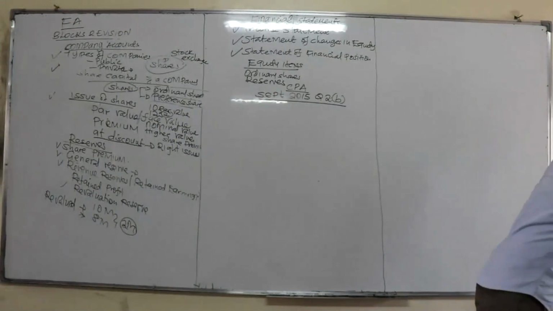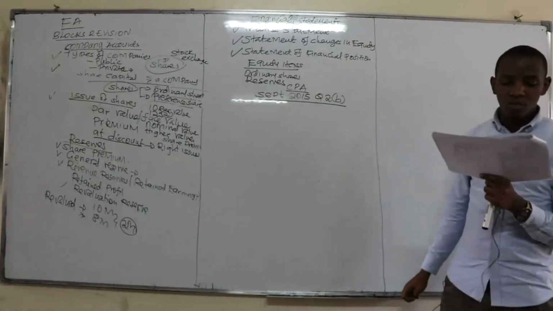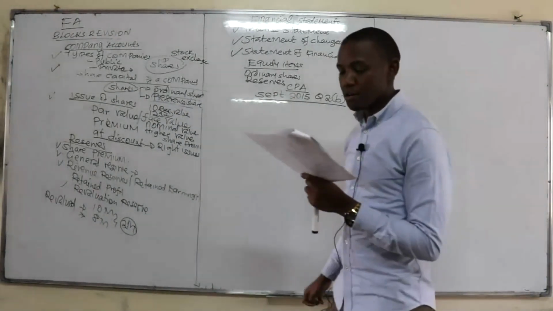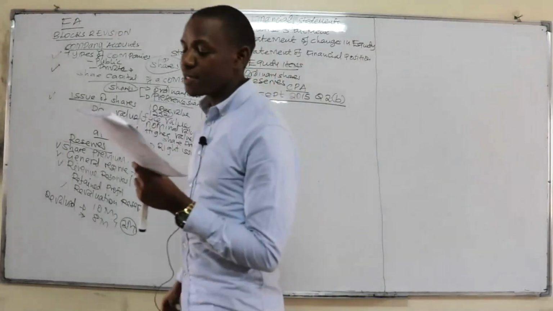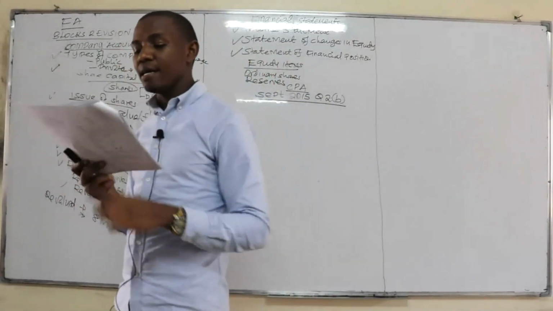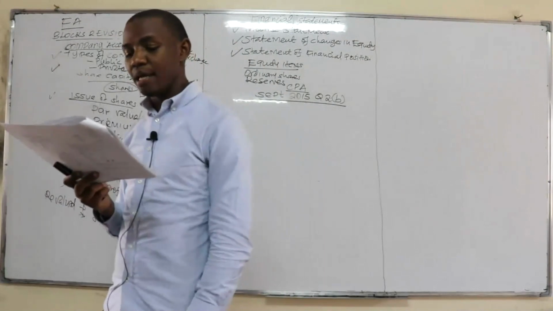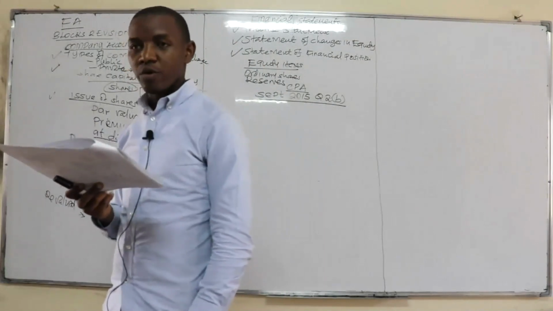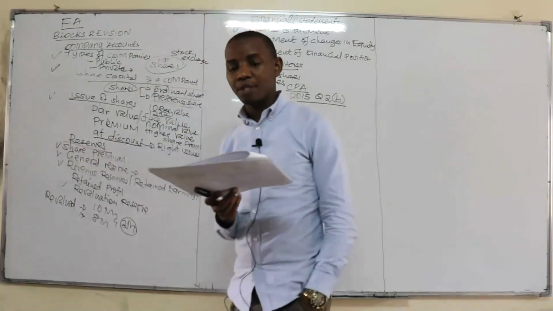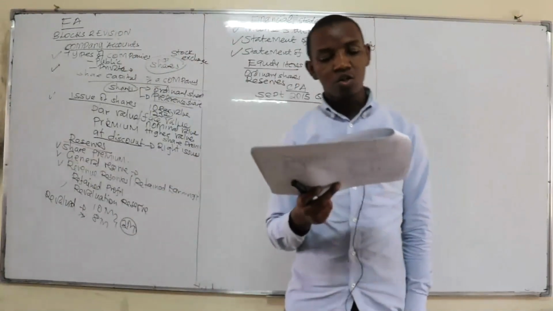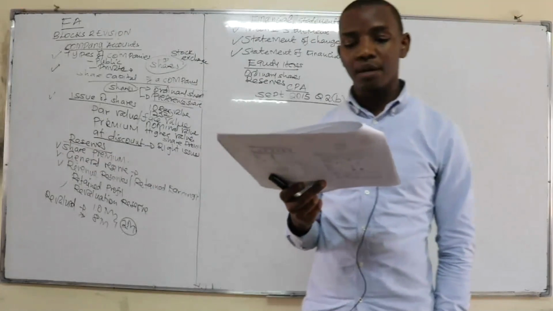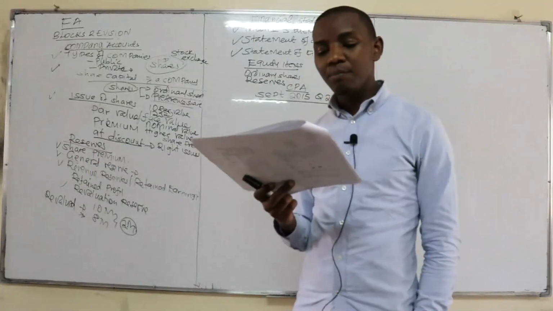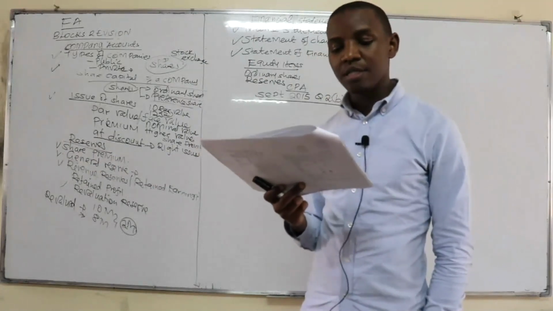The following trial balance was extracted from the books of Fixen Limited as at 31st May 2015. We have the ordinary share capital. We also have the share premium, 10% debentures, general reserves.